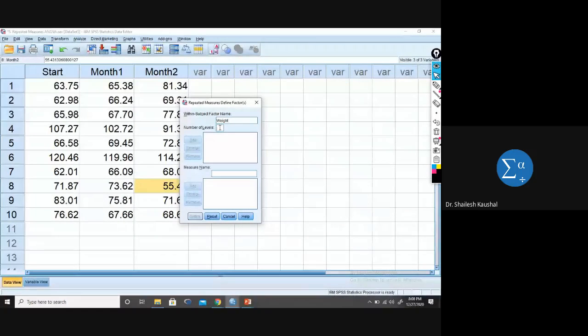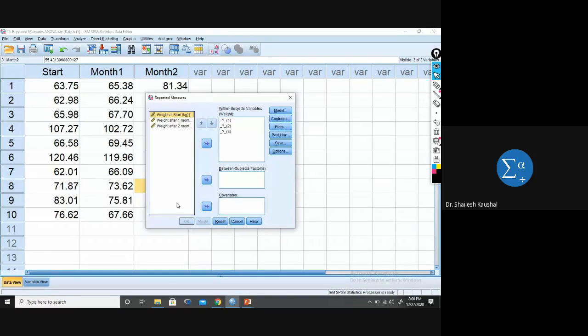How many levels? 3 levels: baseline, after 1 month, and after 2 months, and I am adding it. Then I am pressing define. Now I am selecting all the 3 variables and transferring them here.